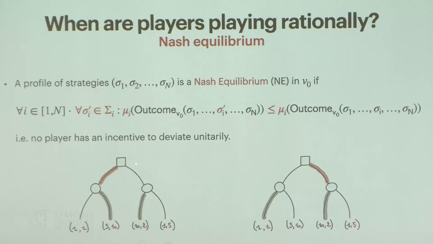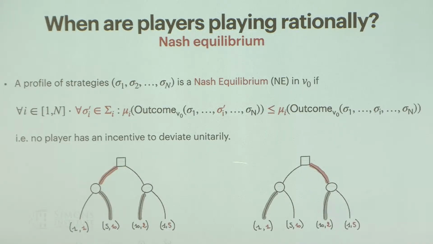We choose one of the two edges in each of its nodes. If we look at this graph, I have given the payoff to both players at the leaves, and you can think of this as a mean payoff where we will cycle here and they will receive exactly this payoff, right?